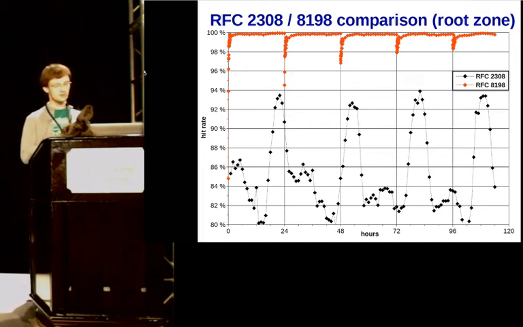You can see that the hit rate for the normal cache varies during one day, somewhere between 79 and 94%, approximately. It very much depends on the data.